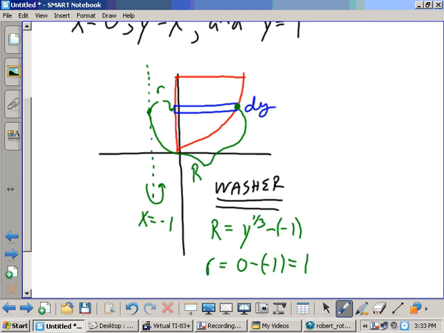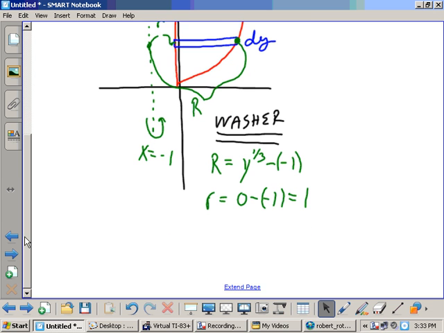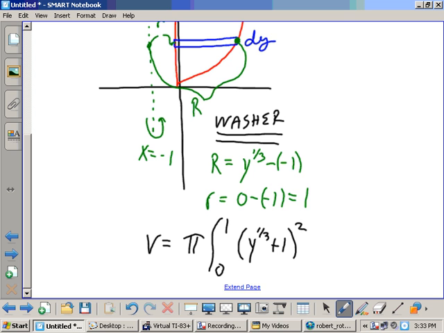Okay, next, let's set up our definite integral to evaluate the volume. So we know volume equals pi times the integral from 0 to 1 of the outer radius squared, y to the 1/3 plus 1, quantity squared, minus the inner radius, 1 squared, dy.